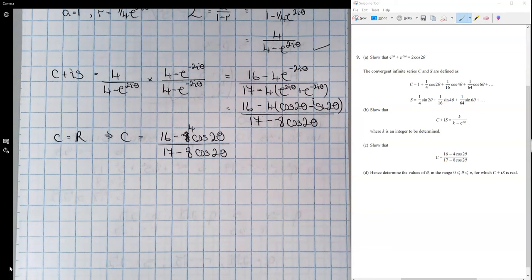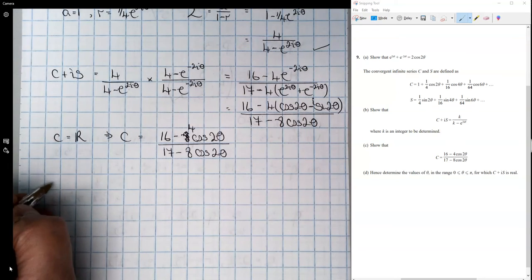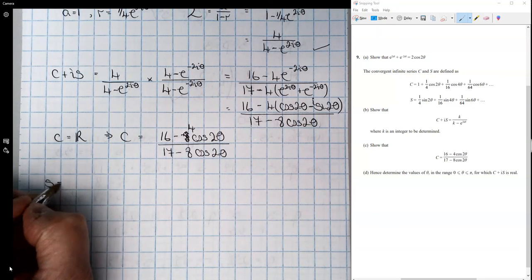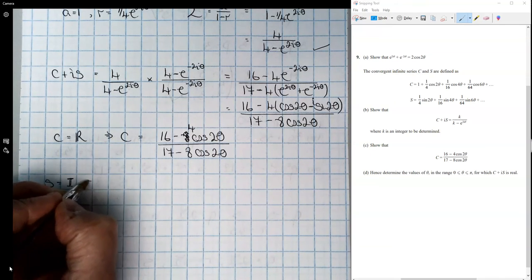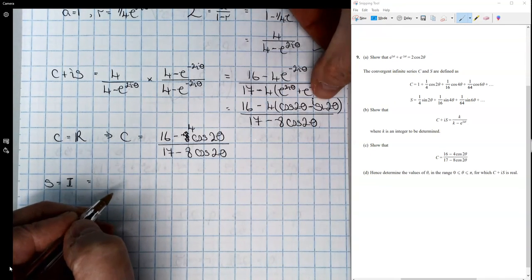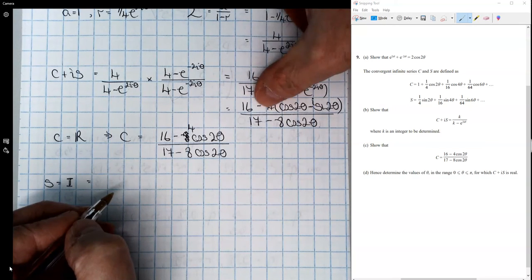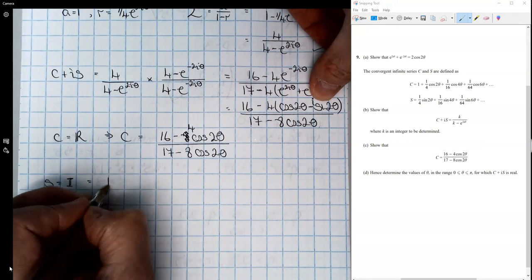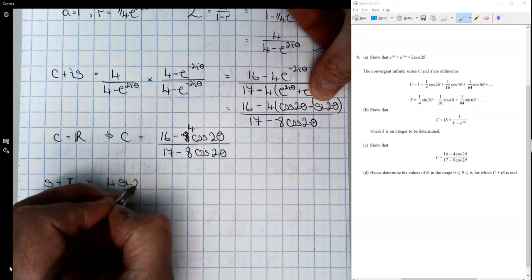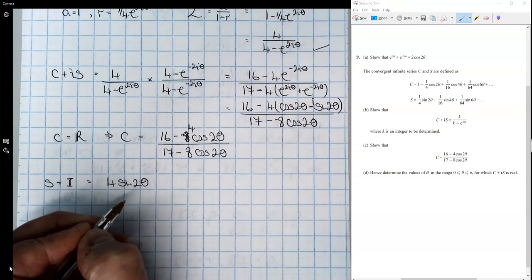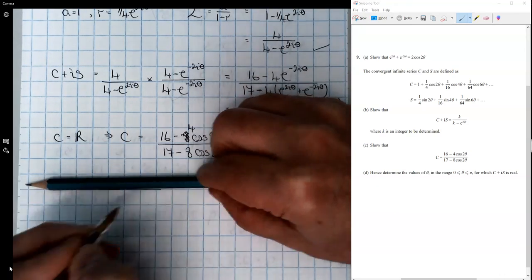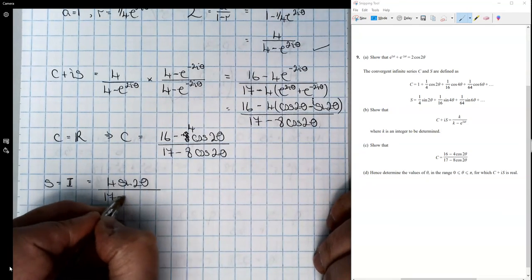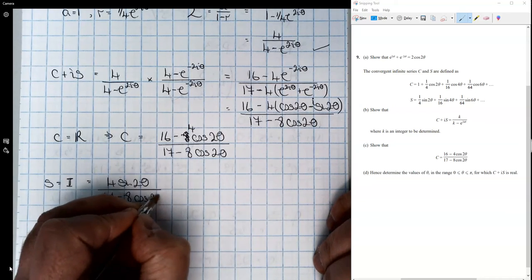Okay, if C plus iS is real, that tells us that the imaginary part is 0. So the imaginary part, S is the imaginary part, equals 4 sine 2 theta over the denominator, 17 minus 8 cos 2 theta.